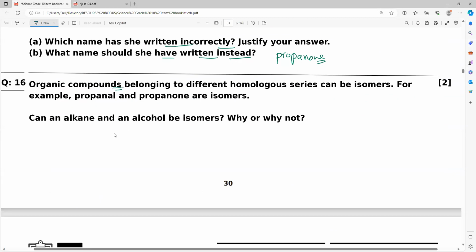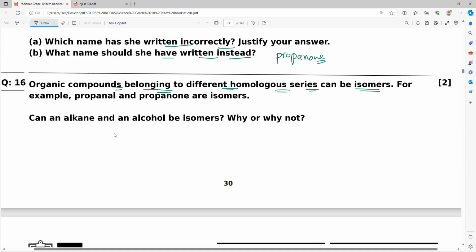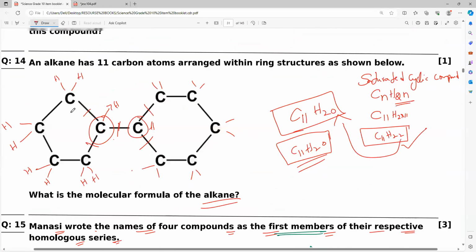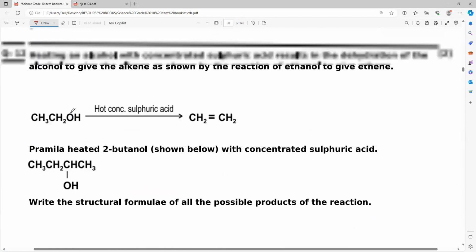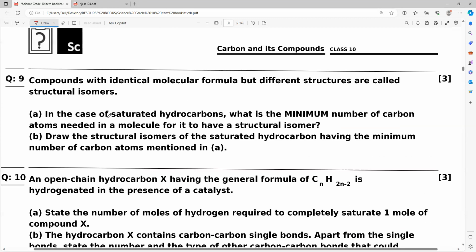Organic compounds belonging to different homologous series can be isomers. For example, propanol and propanone are isomers. Even I have given you homework with a single chemical formula, but we can draw ketones as well as aldehydes.